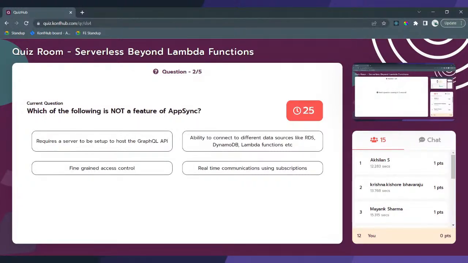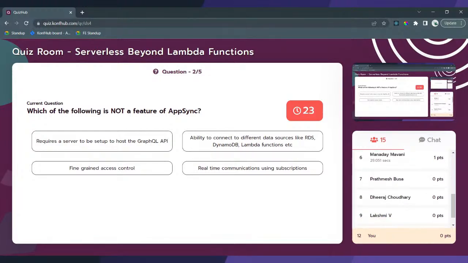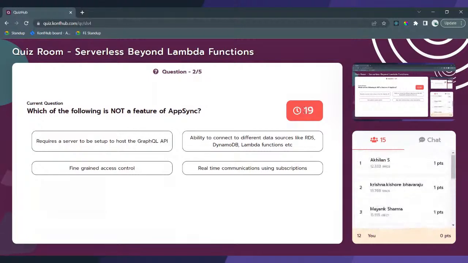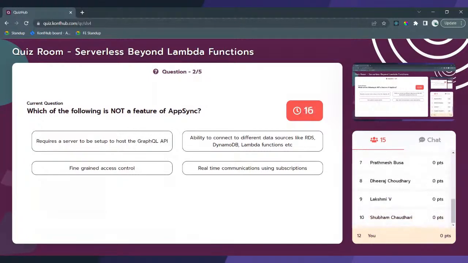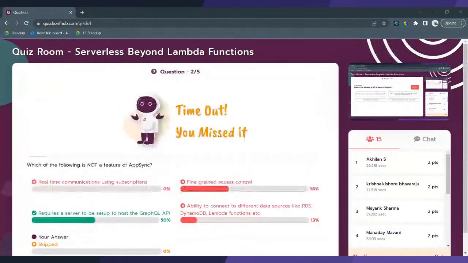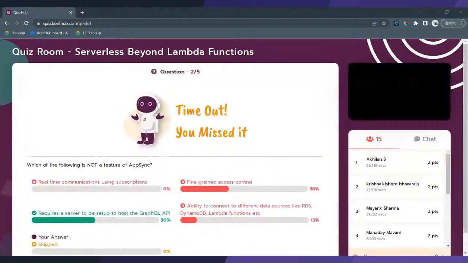The question is, which of the following is not a feature of AppSync? The questions are based on the session itself, so if you have attended the whole session, you will definitely get the correct answer. For this question, 5 participants got it right.